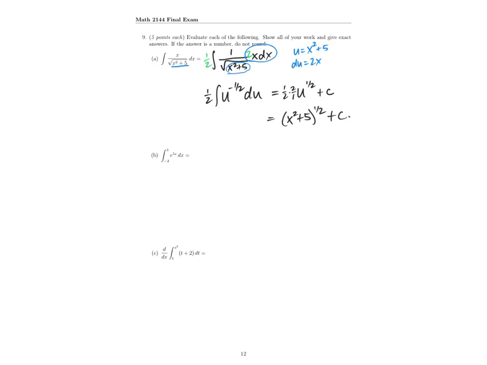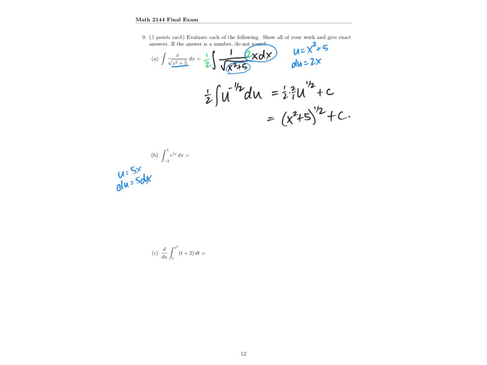For this one, I want an antiderivative of e to the 5x, so it's going to be 1/5 e to the 5x, and I want to evaluate that from -2 to 3. Actually, let me start over and I'll explain why that 1/5 is there. So again, we'll do a u substitution. We'll let u equal 5x, and then du is 5 dx.